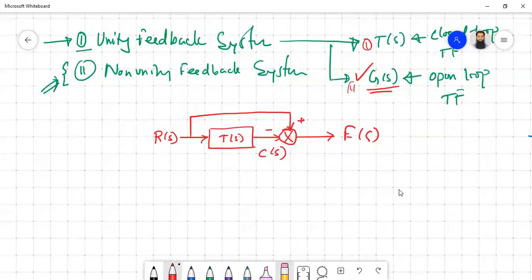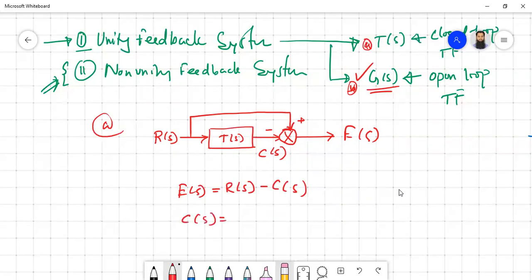Then we have method 2. Actually, it will be better as A, B. So say we are starting with A. Now, what is our error? Error is always the same thing, E(s) equal to R(s) minus C(s). And what is our output? Output C(s) is input R(s) into T(s).